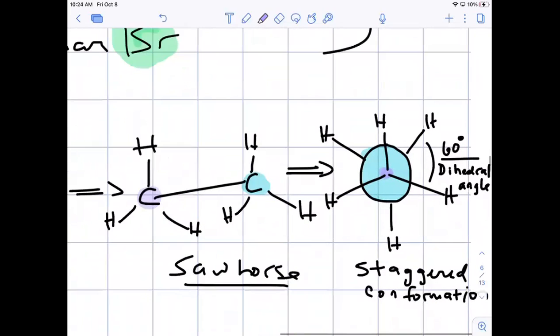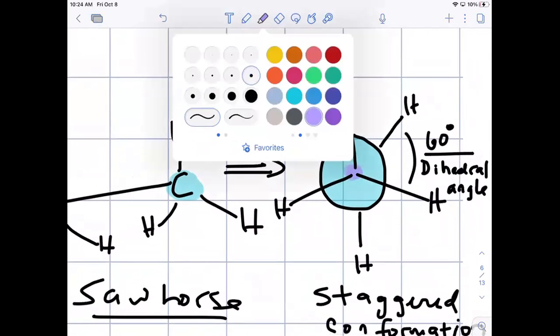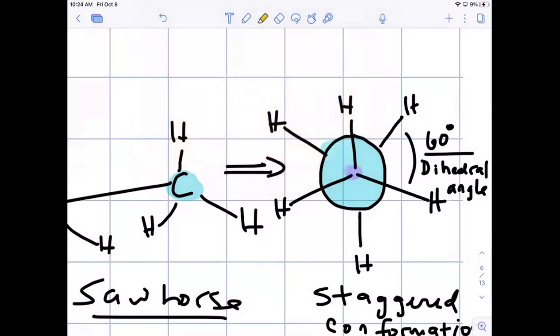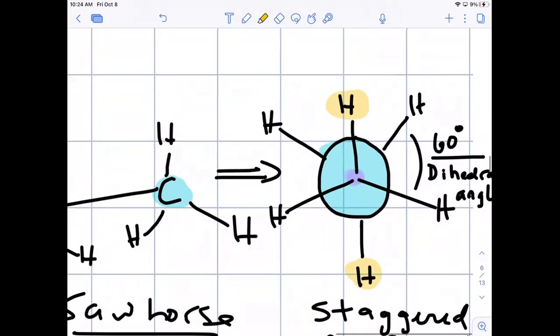Right. So when you think about the Newman projection, these two groups right here, let me show you that. This hydrogen and this hydrogen, you see how they are apart from one another? The distance between those two hydrogens is 180 degrees.